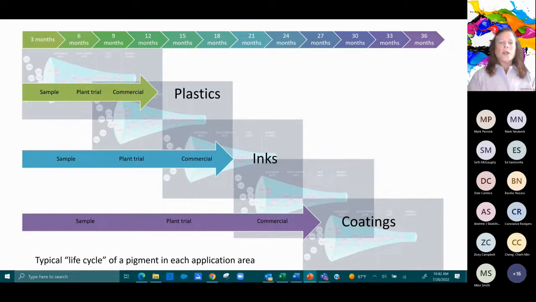And then with each successive application area, the pipelines are a little bit more spread out because the timelines are also longer, so that we can continue to provide products to match the acceptance cycle times of the applications.